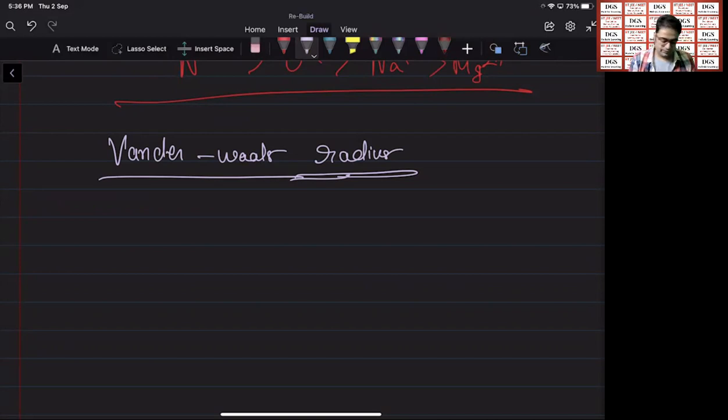In the same way, let's say one H2 molecule, another H2 molecule. We always talk about these substances in terms of mole. So when we talk about 1 mole of H2, then there can be 6.022 times 10 raised to the power 23 molecules. So what is that interaction force that holds them together?